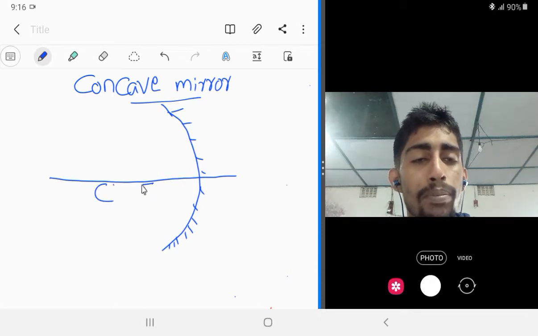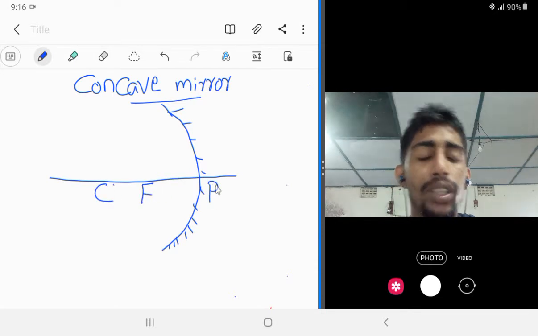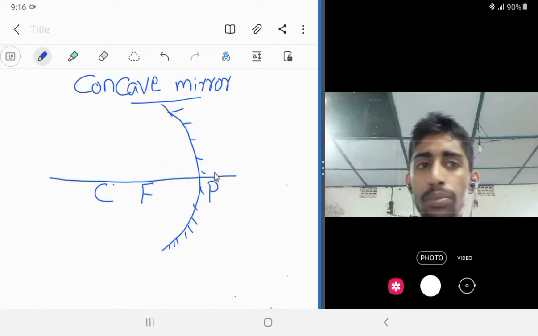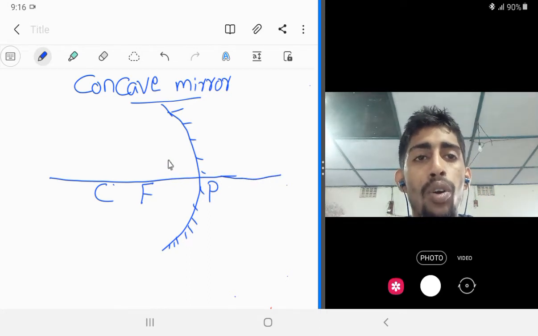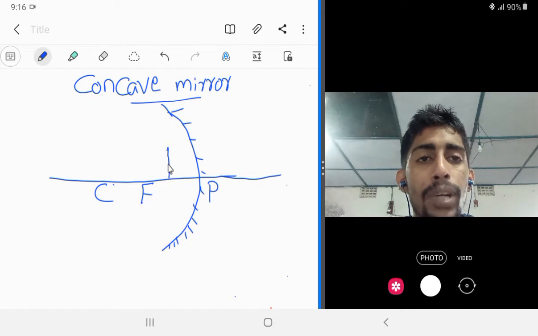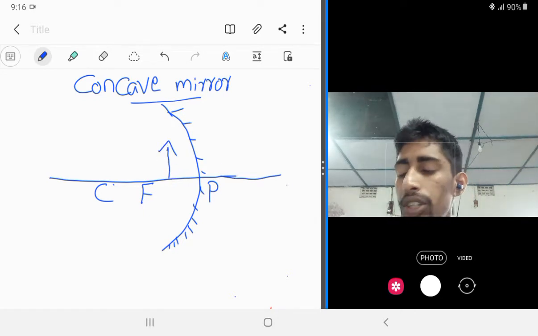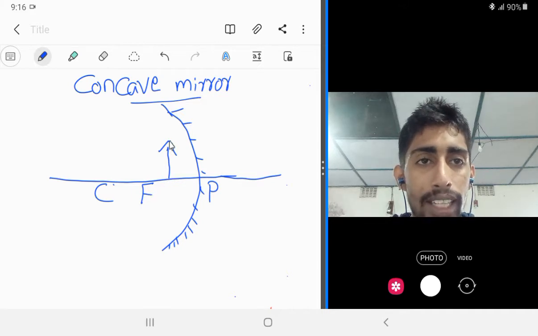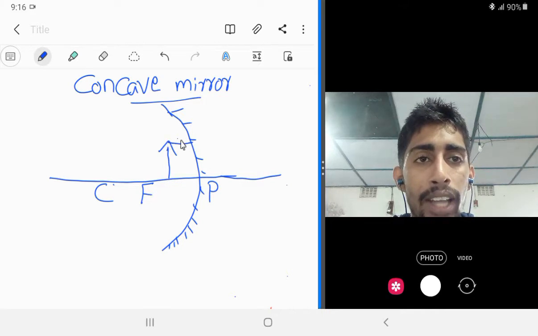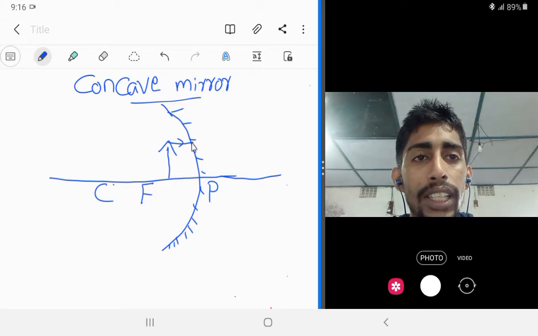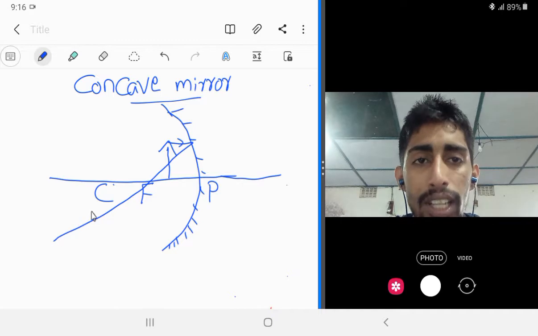Center of curvature, principal focus and pole. So if we keep the object in between the principal focus and pole, then you can see here that the light ray which is parallel to the principal axis, after reflection will pass through the principal focus.